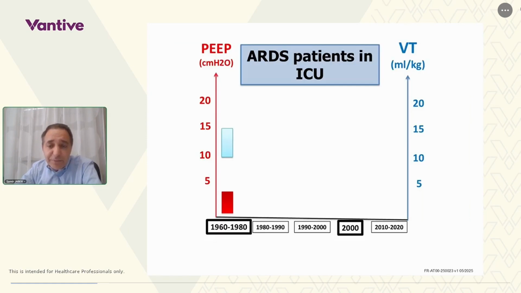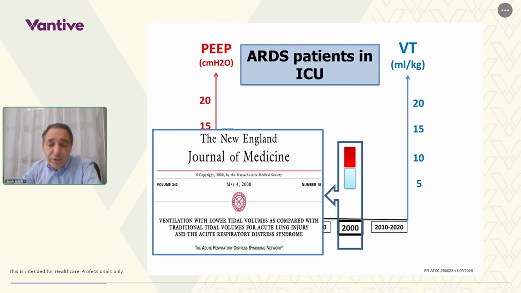This slide shows what happened during the last 15 years since the start of ARDS. As you see, during the 1960s and 80s, we had low PEEP and a high tidal volume between 12 to 15, as you can see here. And then during the 90s, we decreased the tidal volume and increased the PEEP, and then in 2000 we had the most known paper, ARMA, showing that low tidal volume is protective, or maybe that high tidal volume is harmful.